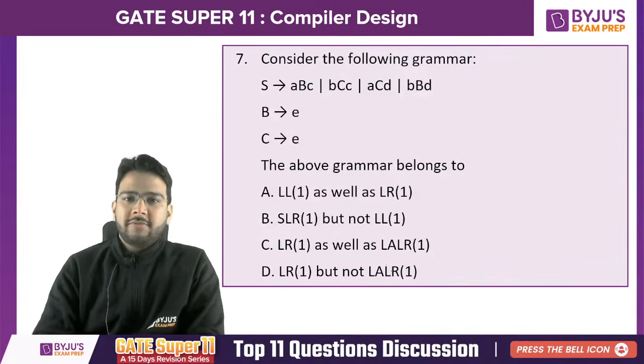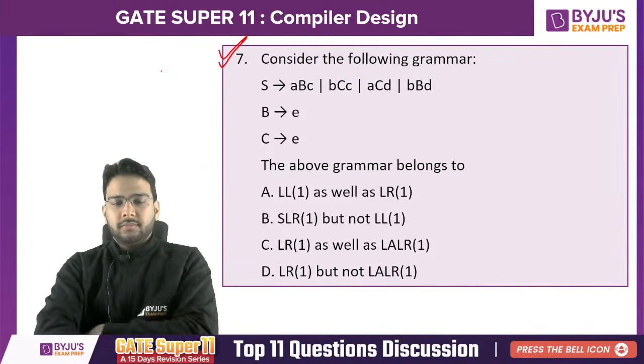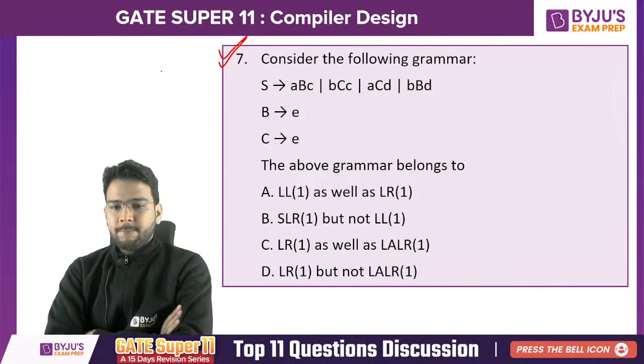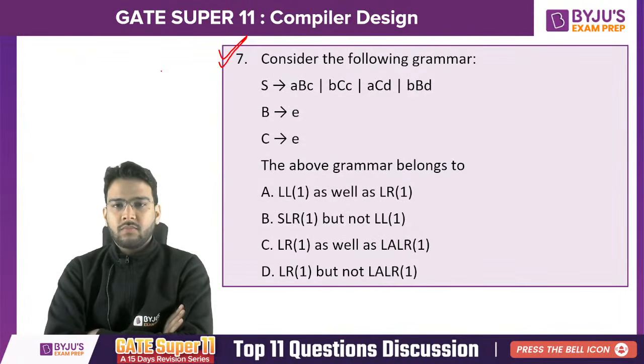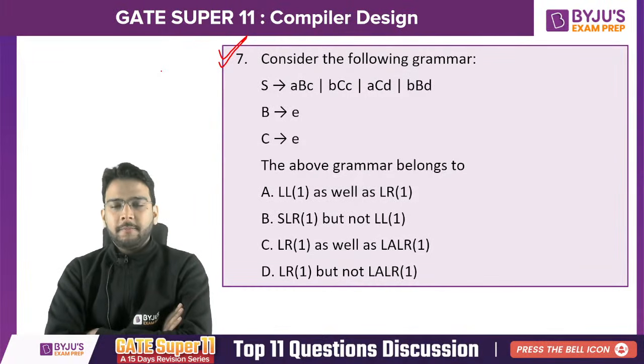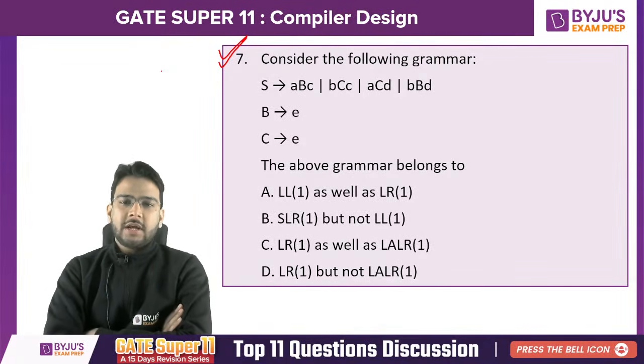Yes, solve this question number 7. So in this question number 7, few things you can identify without making the diagram, like whether it is LL1 or not, whether it is SLR1 or not, whether it is LR0 or not.